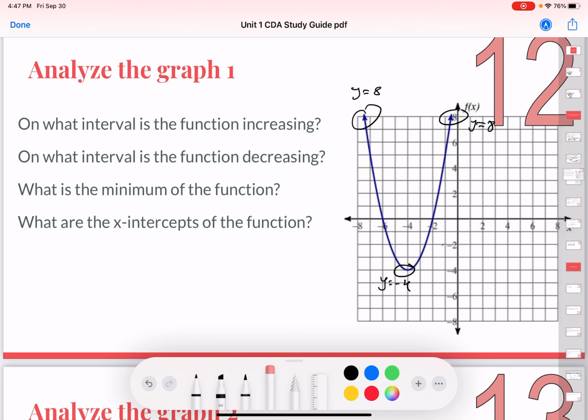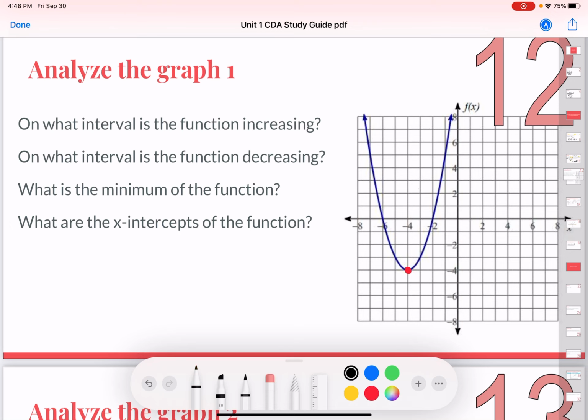Alright, but I'm going to talk about it in terms of x values. Typically when it asks interval of increasing and decreasing, it will talk about it in terms of your x values. And so this minimum value is going to be critical to answer all of these questions, or most of them.